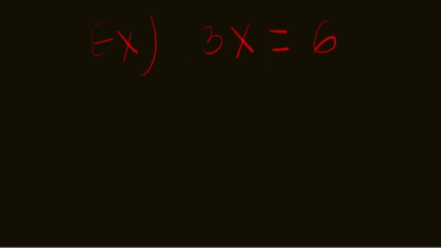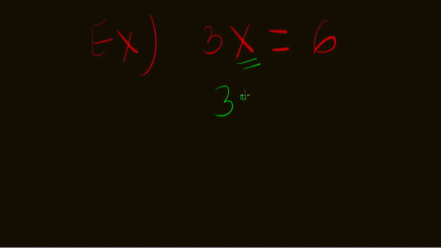Now let's look at multiplication. We have 3x equals 6. So what they mean by that is there's a number. X is equal to a number. When you multiply it by 3, your answer should be 6. So what number, when you multiply it by 3, you get 6? 2.